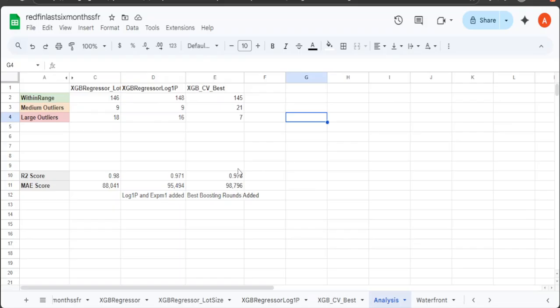I mean, it's close to 1. You know, 1 is a perfect score. So anytime we can get these numbers with the R2 and the MAE scores, I'm okay with that. I'm happy with those scores. But I guess I'll go with this one as the best model run that we have had.